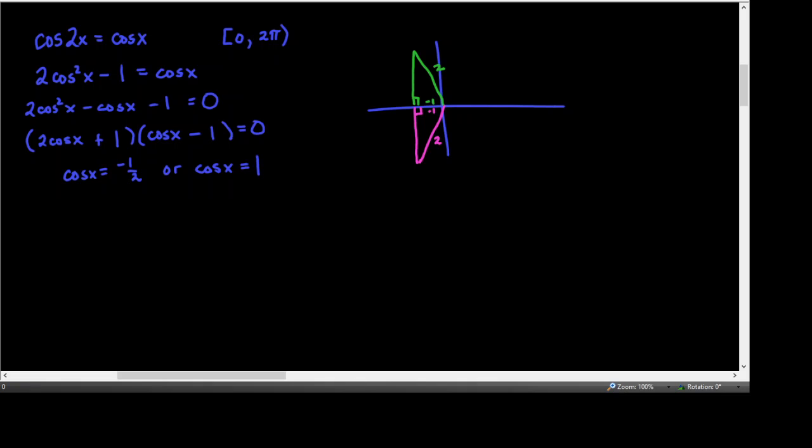Okay, so the reference angle for both of these, this angle and this angle, being across from the long leg, the square root of 3 leg, that means that that's a 60-degree angle. Oh, but wait a minute, we're in radians because it says 0 to 2 pi. So that is pi over 3 in size. So let's see. What is that angle if the reference angle is pi over 3?